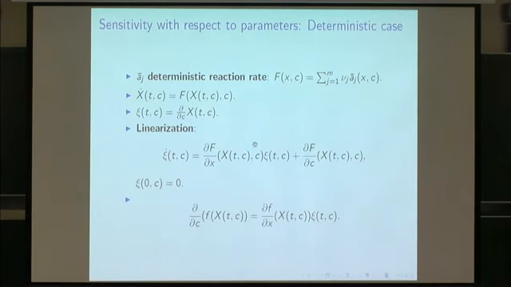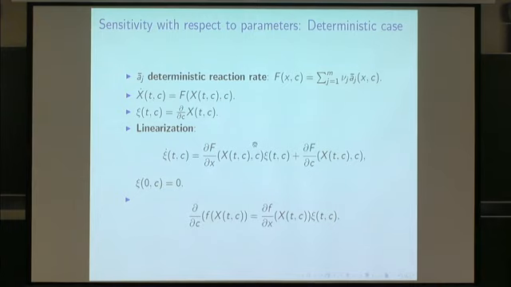Just to compare the problem with the deterministic situation, if you switch to a deterministic model, and let's say you call a_j bar the deterministic reaction rate, then your model will be simply an ODE, where this right-hand side F is given by this.